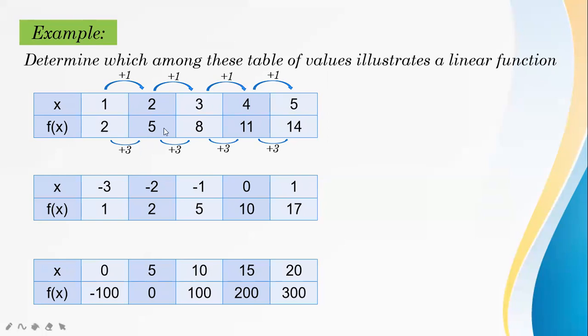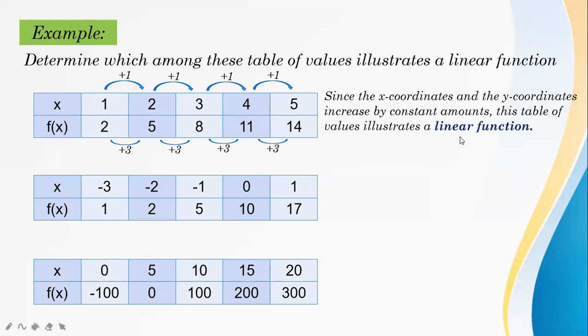So 2 plus 3 is 5, 5 plus 3 is 8, then 8 plus 3 is 11. And therefore, this one is a linear function. Why? Because the x and y coordinates increase by constant amounts, this table of values illustrates a linear function.